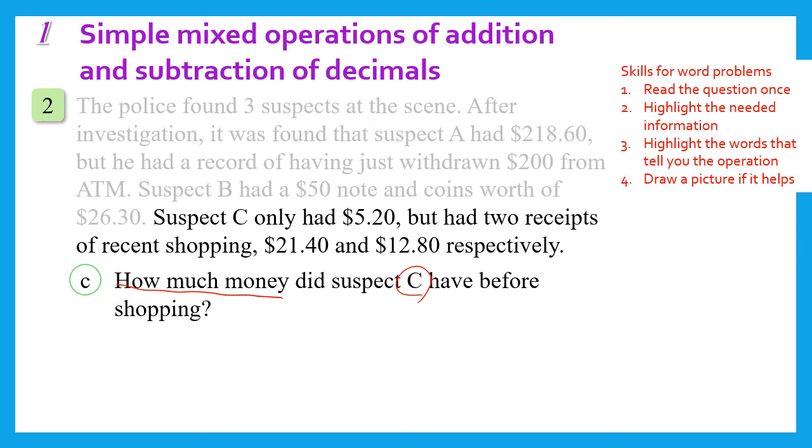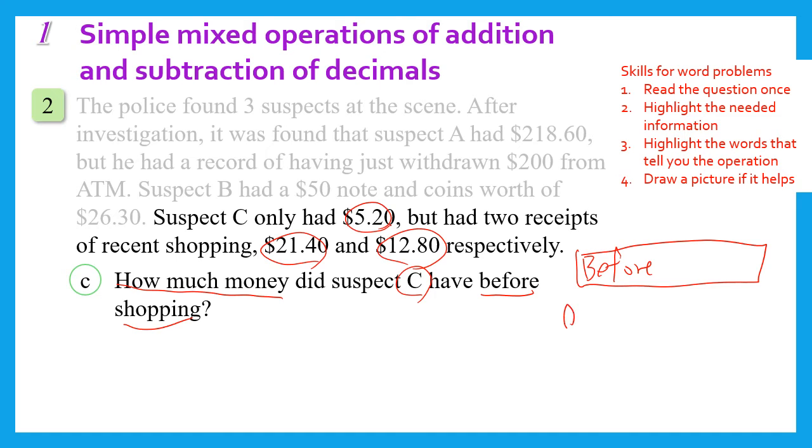The next one, how much money does C have? So before shopping, C has before shopping, so that is before, I don't know how much here, but after, C has this $5.20, and then has the first receipt of 21.40 and the second receipt of 12.80.